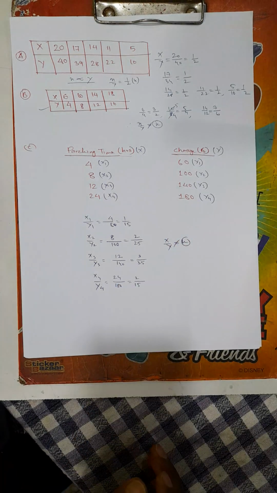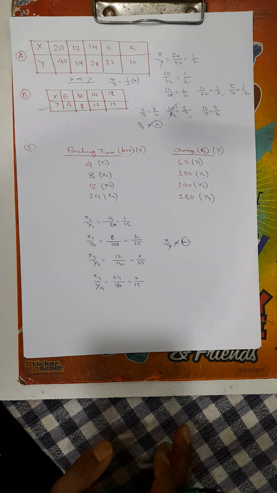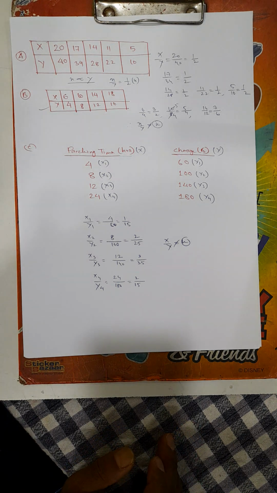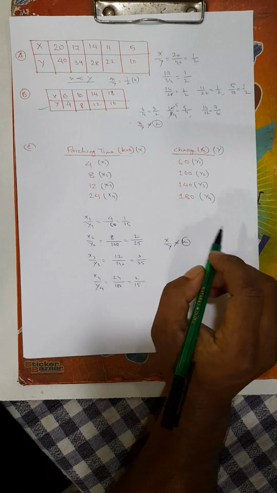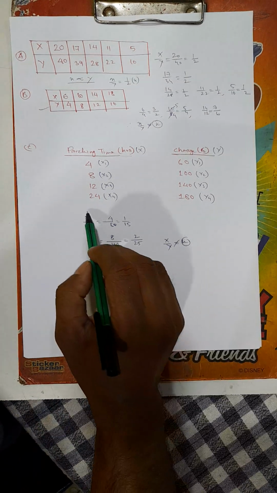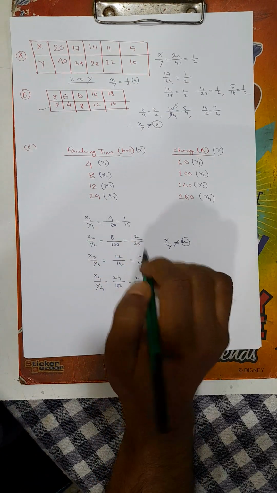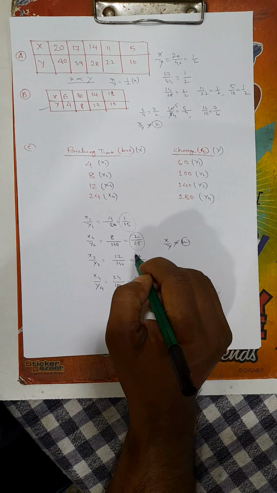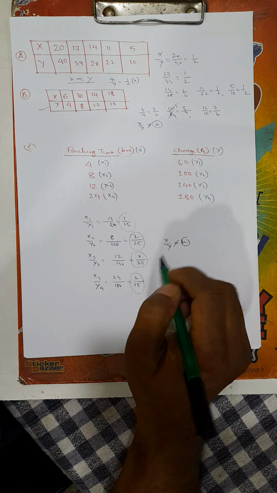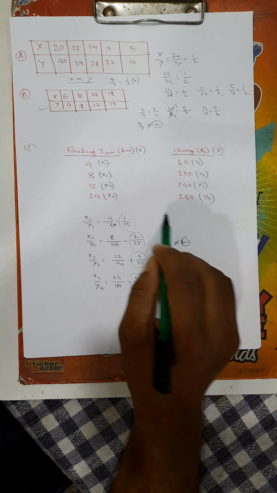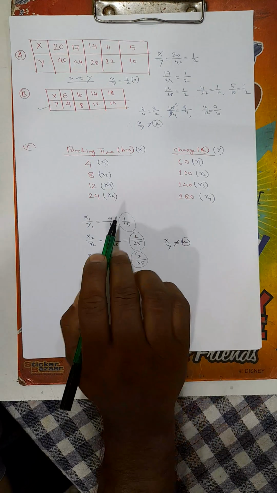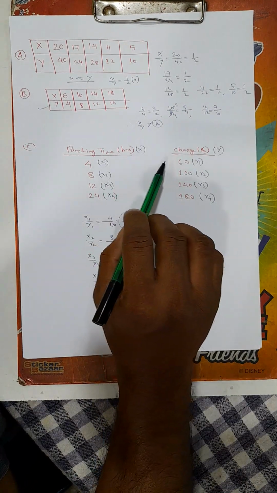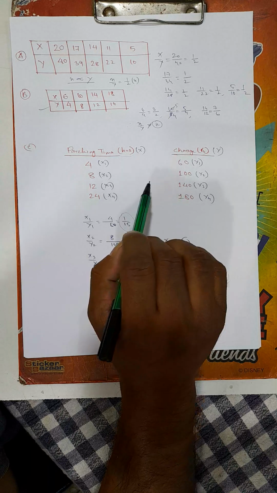So viewers, I hope you understood the concept of direct proportion. How can you say two variables are directly proportional? When their ratio is always constant. So in this example, x by y is not constant. In the first case it is 1 by 15, then 2 by 25, 3 by 35, 2 by 15. So x by y is not constant, so we say that parking charge and parking time are not directly proportional.